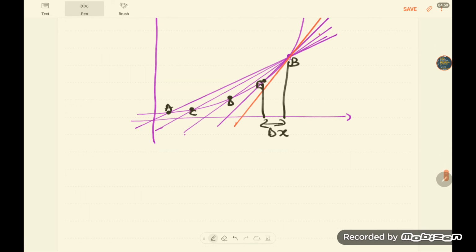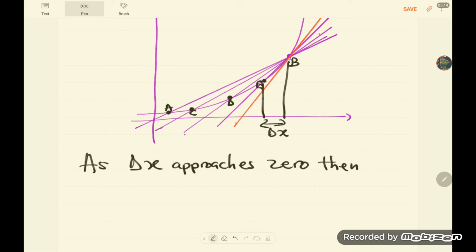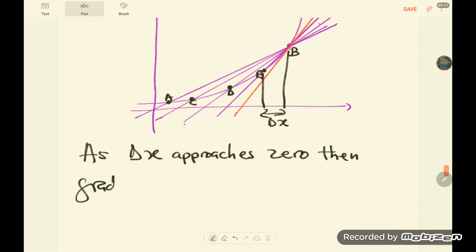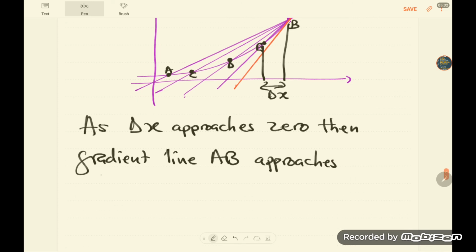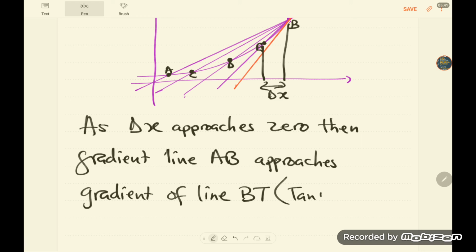So we come up with this fact that as the change in x approaches, as you can see, it's becoming smaller. As it approaches 0, what happens? The gradient we began with as an estimate, the gradient of line AB, also approaches the gradient of line BT, which is our tangent, which is what we want.